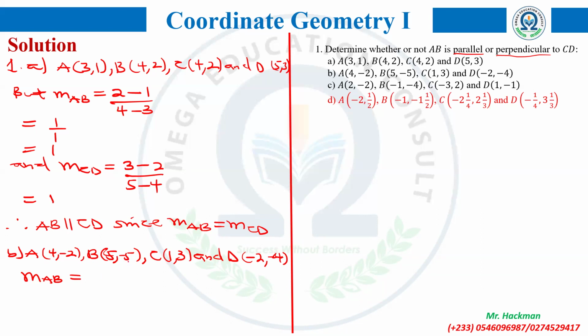We are going to get y2 minus 5 minus y1, which is minus 2, all over x2 plus x1, which is 4. Okay, it will be minus 4.